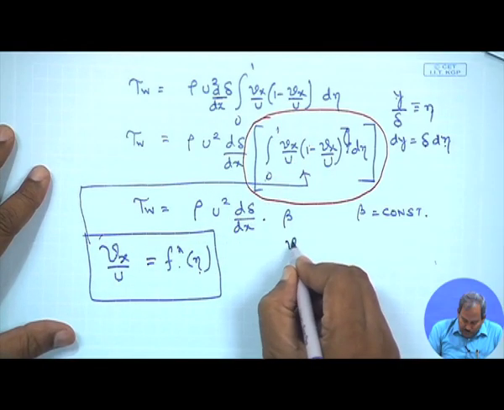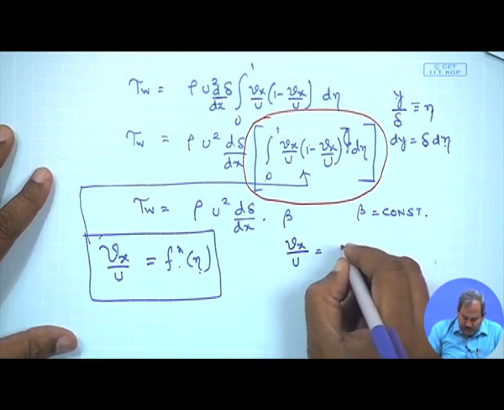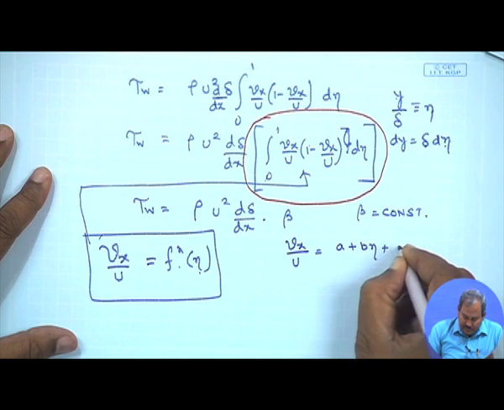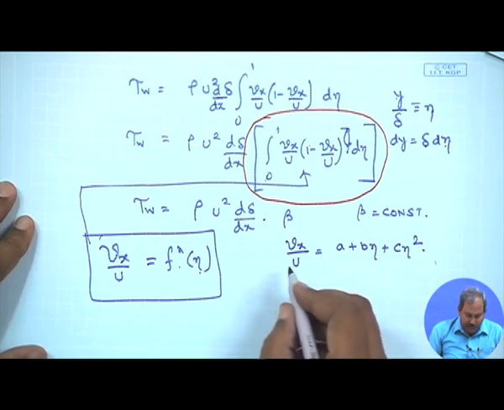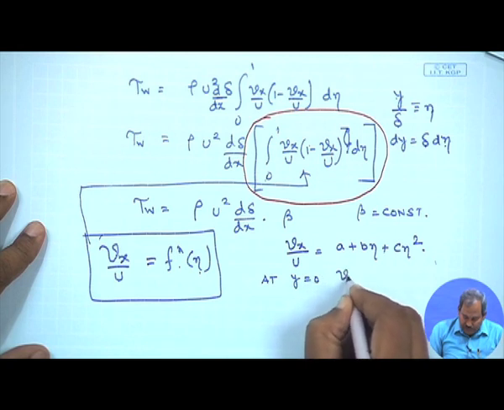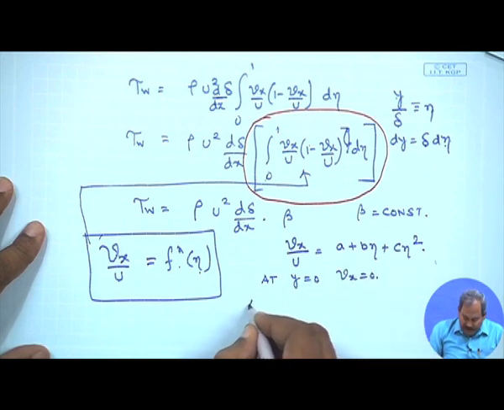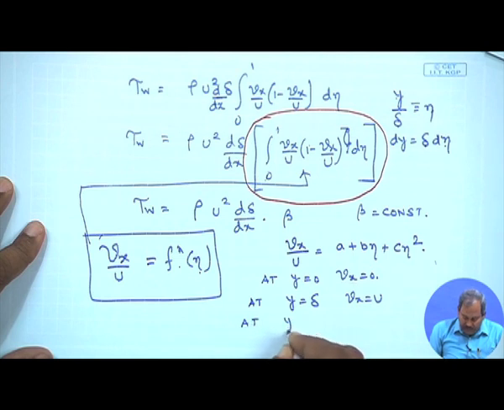Let me write it and it would be more clear to you. So, what I am proposing is that Vx by u is equal to a plus b eta plus c eta square. I therefore need boundary conditions. At y equals 0, Vx is 0; at y equals delta, Vx is equal to u; and at y equals delta, del Vx by del y is equal to 0.